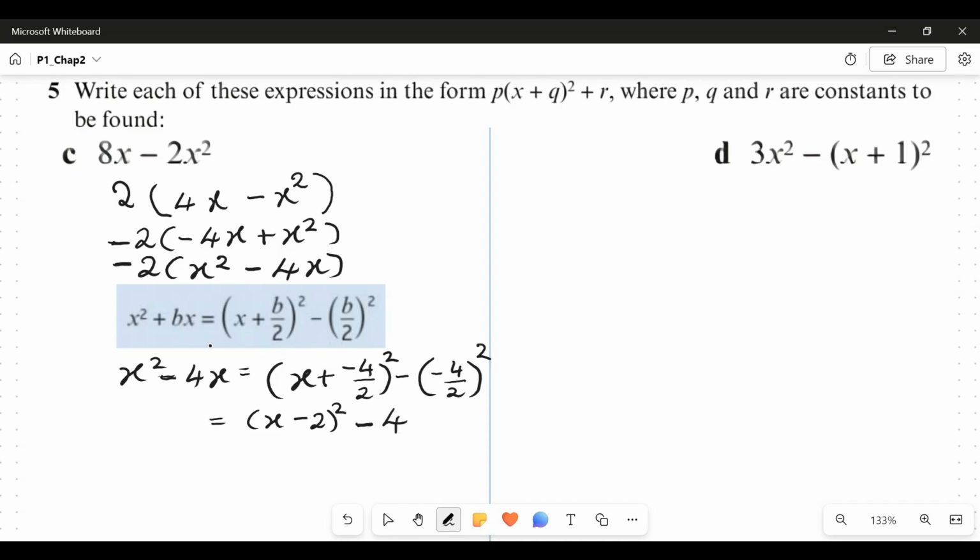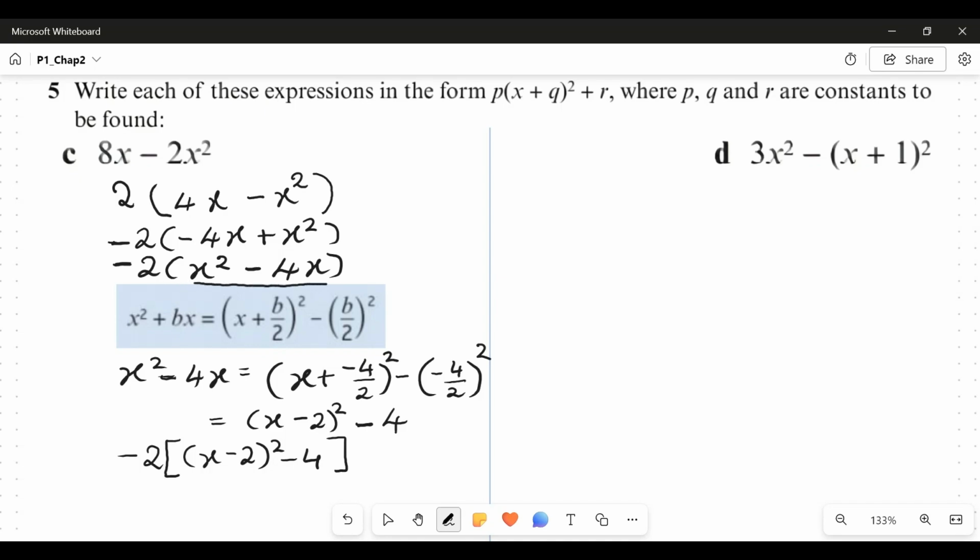Now remember, we need the negative 2 as well, that was outside the bracket. So what I'm going to do now is write this as minus 2 and then open a solid bracket, and inside we have x minus 2 whole square minus 4, because that's what we found out using completing the square on this part.